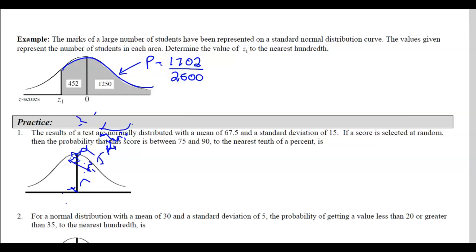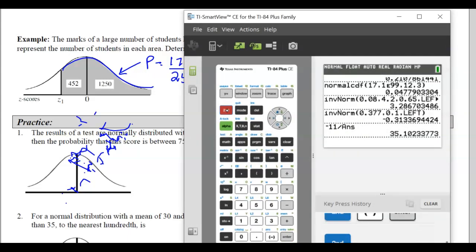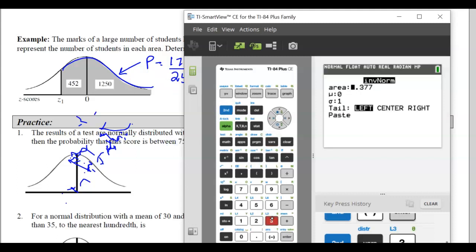That looks like a 6, I'll fix that up. You can even show it as a fraction in your calculator. Now, when we're finding this, we're doing second, distribution, inverse norm: 1702 divided by 2,500.